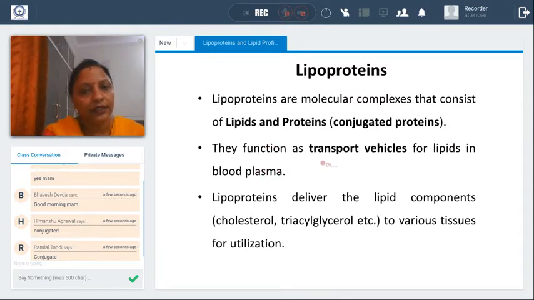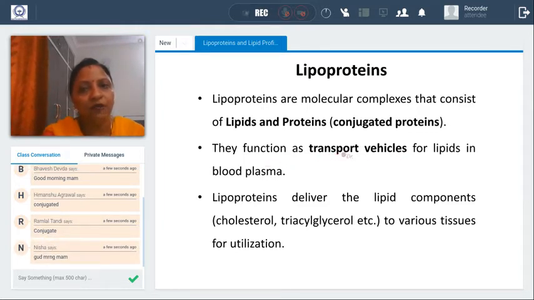They function as transport vehicles. It is a very important point that they function as transport vehicles for lipids in blood plasma. Lipoproteins deliver the lipid components, that is cholesterol, triacyl glycerol. What is another name of triacyl glycerol? Please write in the box.